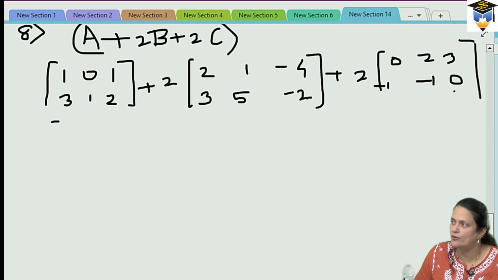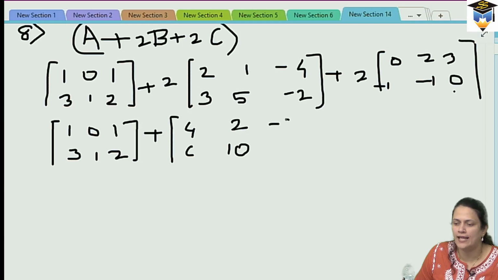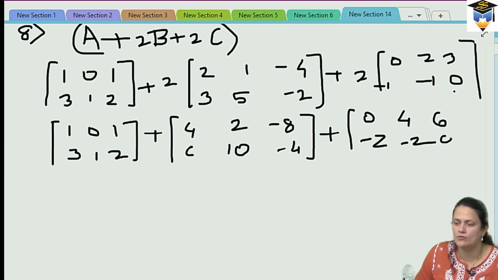Now first we are going to multiply B and C, and then we will add all three. So 2B is going to be 4, 2, minus 8, 6, 10, minus 4, and this other one is going to be 2, 0, 4, 6, minus 2, 0.